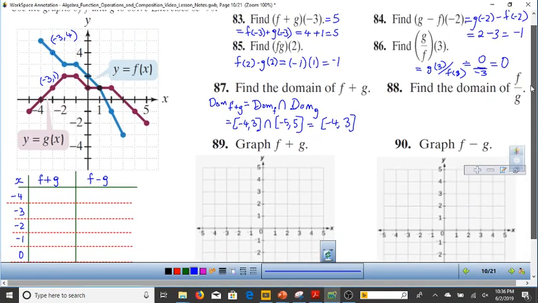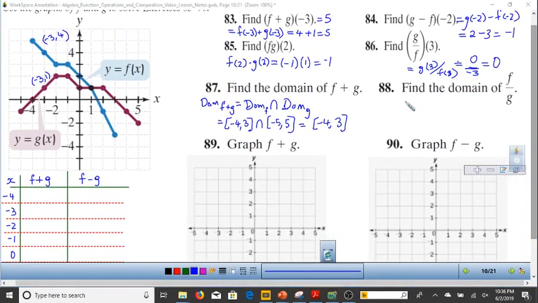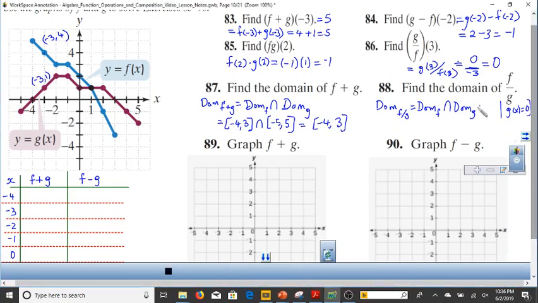Now, for the domain of f over g, we again do the intersection. Domain of f divided by g is equal to the domain of f intersect with the domain of g, but we also have to subtract whatever value of x causes g to be 0. So we're going to find out what values of x cause the denominator to be 0, and we're going to remove that from the intersection.